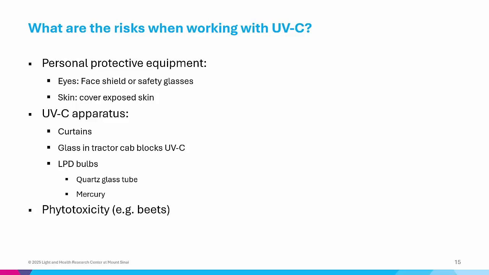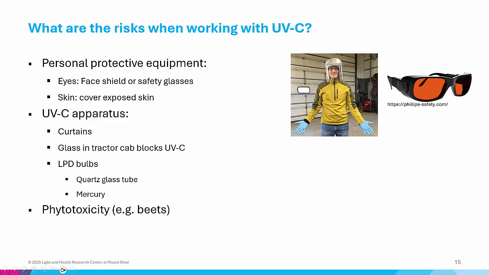What are the risks when working with UVC? Personnel working in the area of UVC should protect their eyes and their skin. For the eyes, use something that covers both the front and the side of the eyes, such as a face shield or safety glasses. Protect the skin with long sleeves, gloves, cover the wrists and arms, and don't forget the neck.